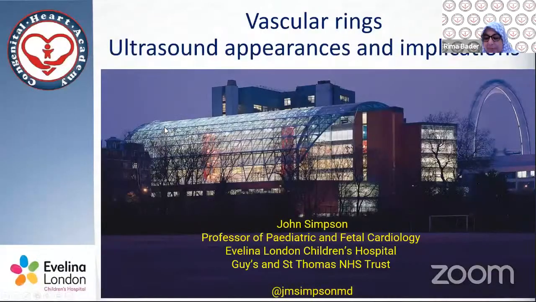John is a professor of pediatric and fetal cardiology at Evelina Children's Hospital, and he has published over 200 papers and textbooks and presented widely, particularly on echocardiographic imaging of congenital heart disease. Professor Simpson is lead author of the textbook Fetal Cardiology, Practical Diagnosis and Management, published 2018, so you better go and read it. I haven't read it yet. He's the president of the British Congenital Cardiac Association. Welcome on board, John. Thanks very much indeed.